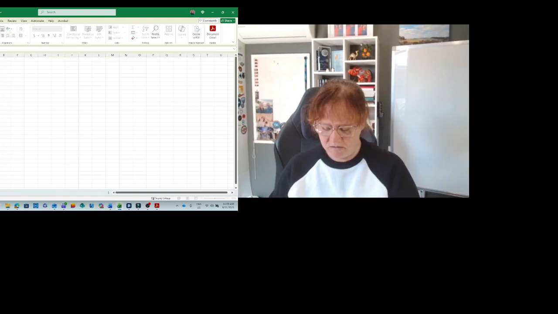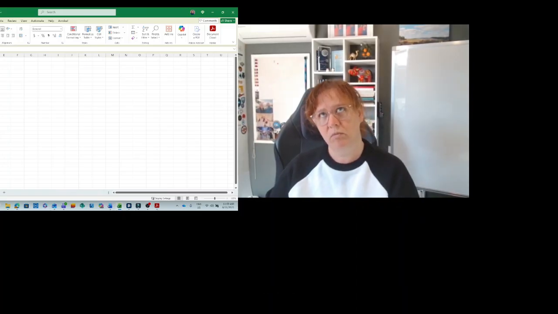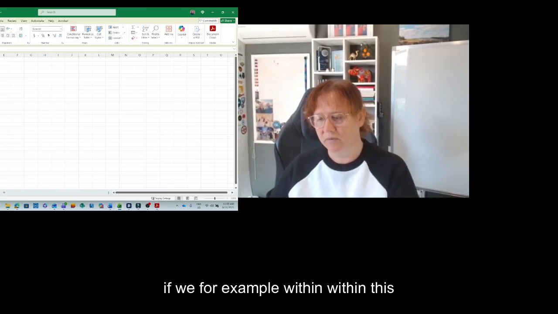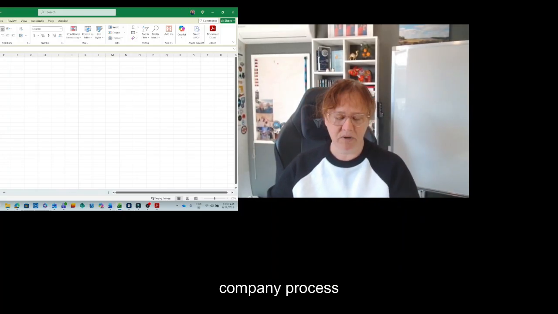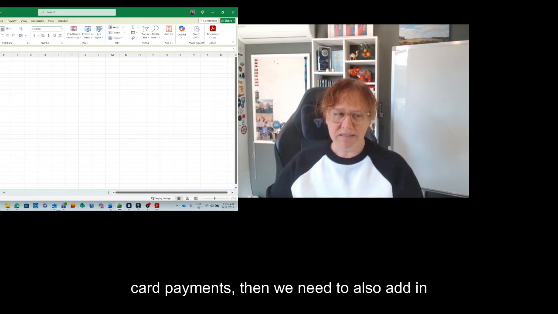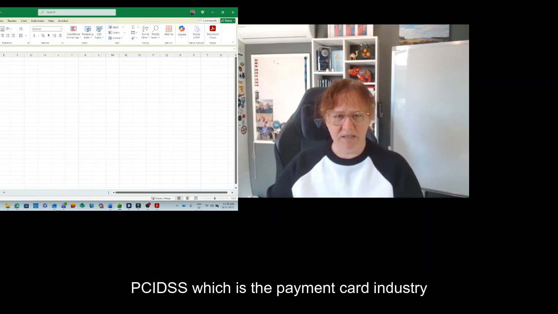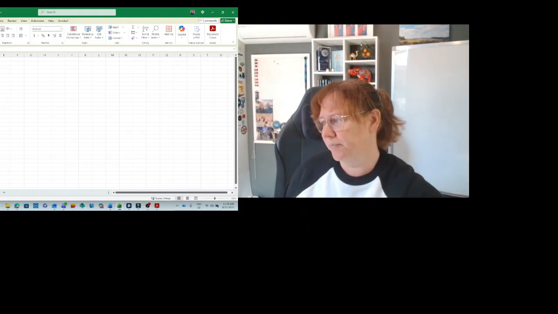And there could be more. If, for example, this company processes card payments, then we also need to add in PCI DSS, which is the Payment Card Industry Data Security Standard.